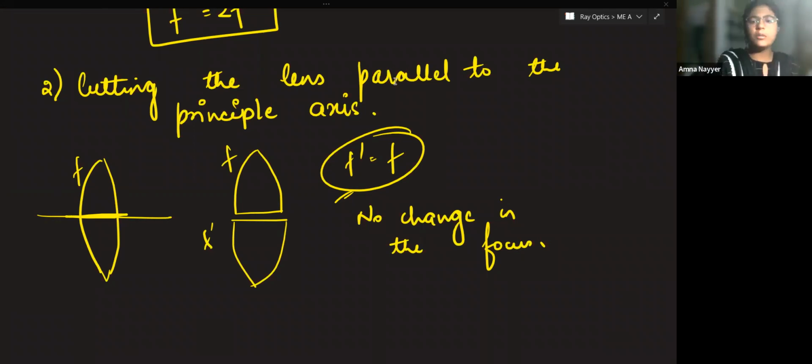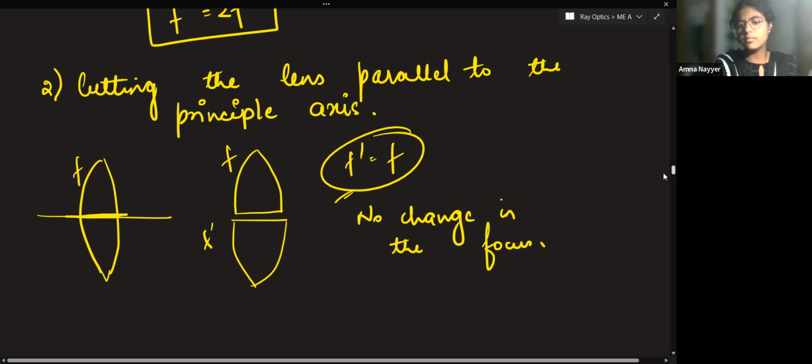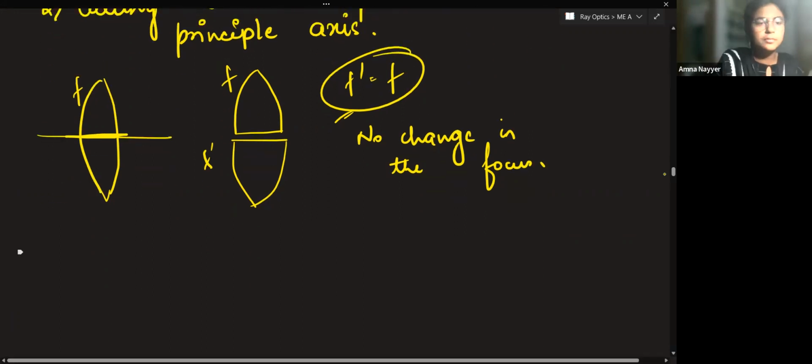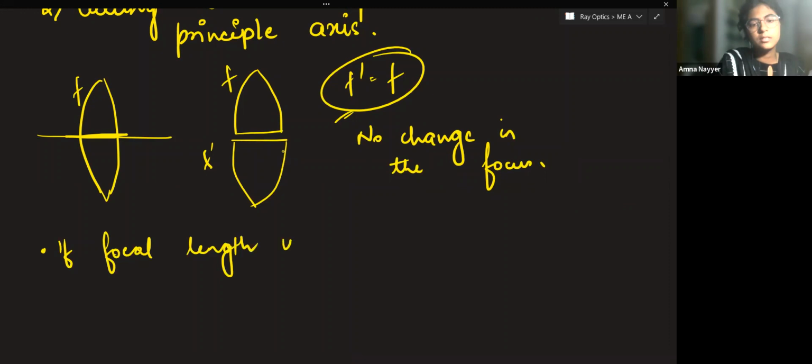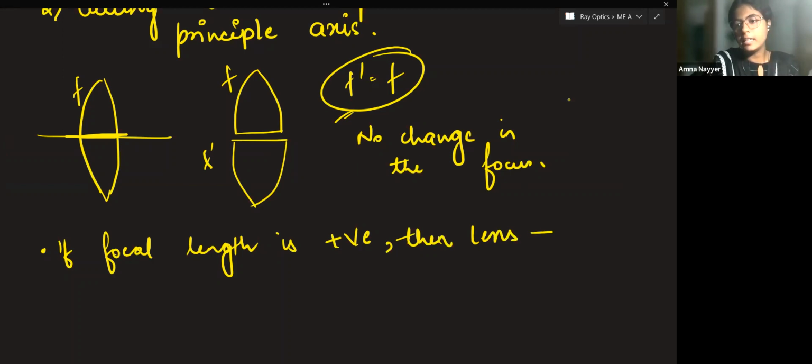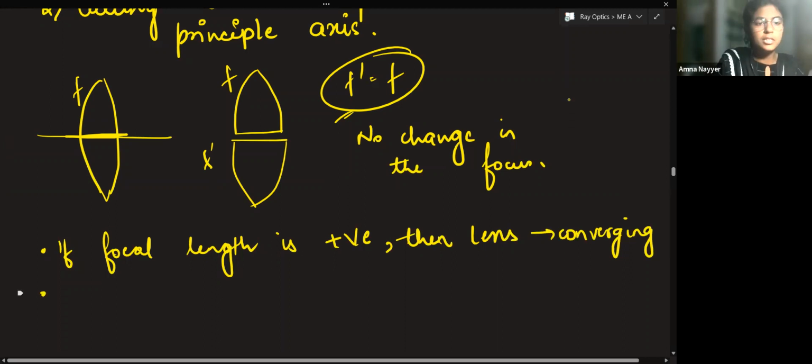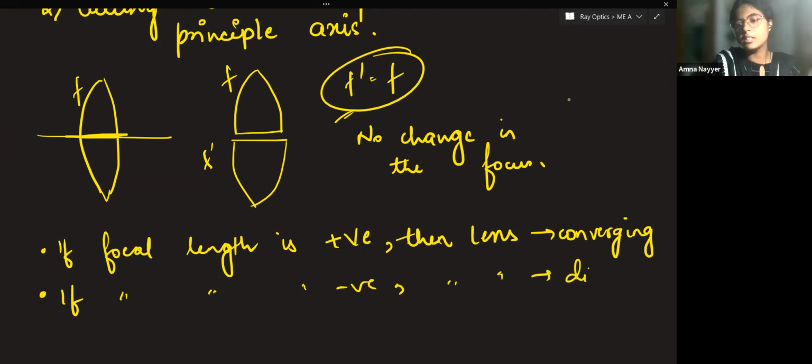A trick to find this out is that if focal length is positive, then you say the lens is converging. And if focal length is negative, then the lens is diverging.